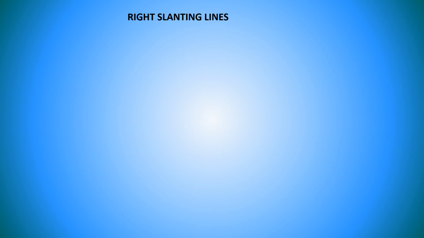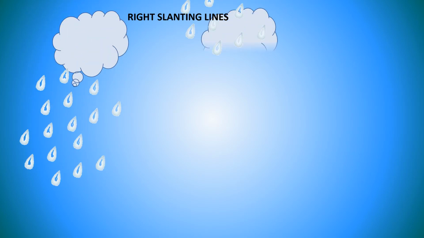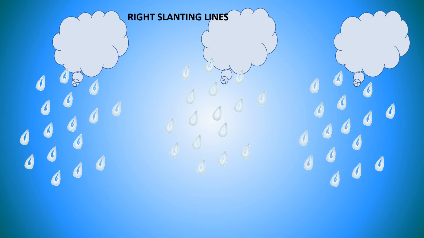Now we will learn about the right slanting line. Oh, there are clouds, and let us see, it's raining.